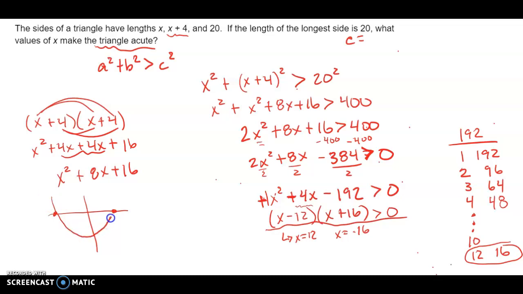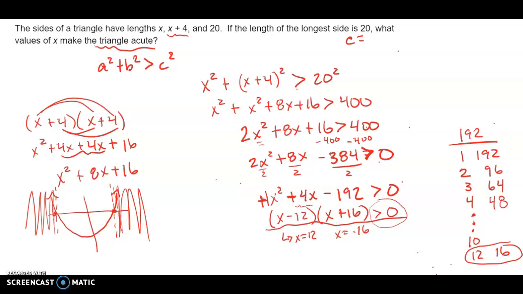What this is asking is, where is this quadratic positive? Where this happens to be positive is in these areas right here, out here and up here.